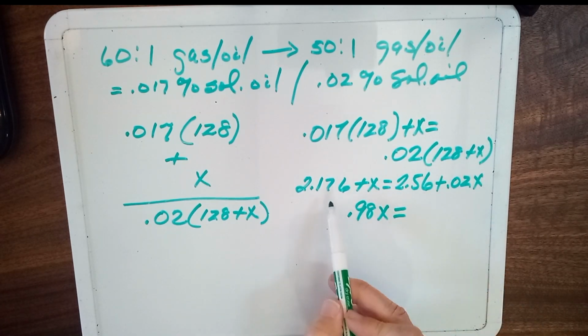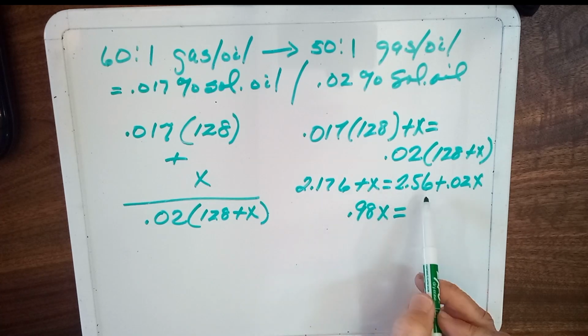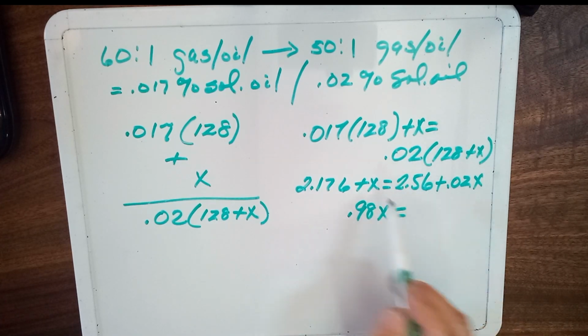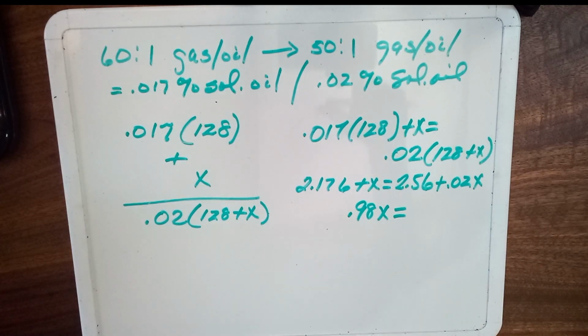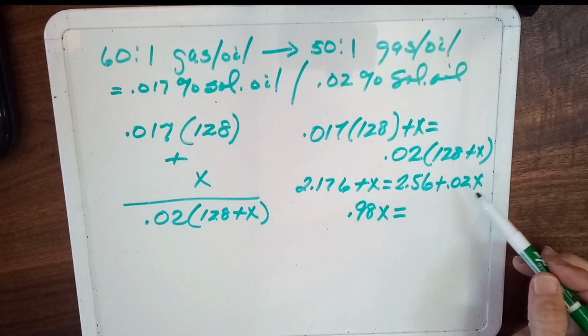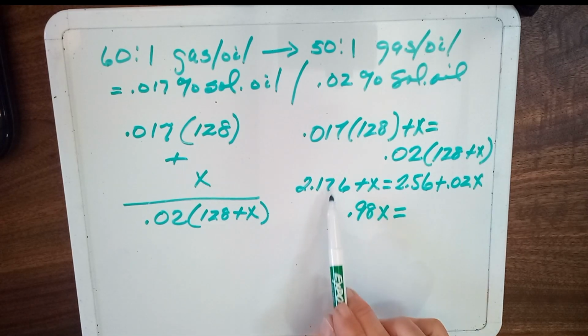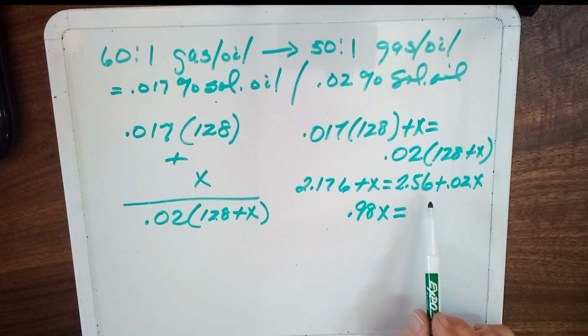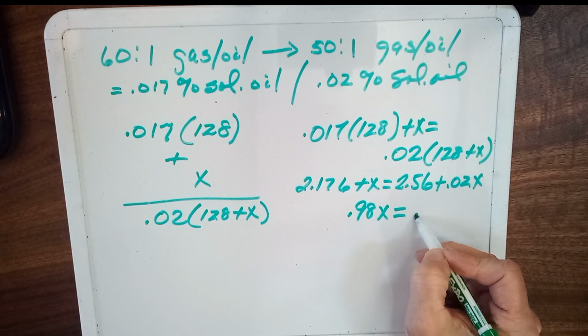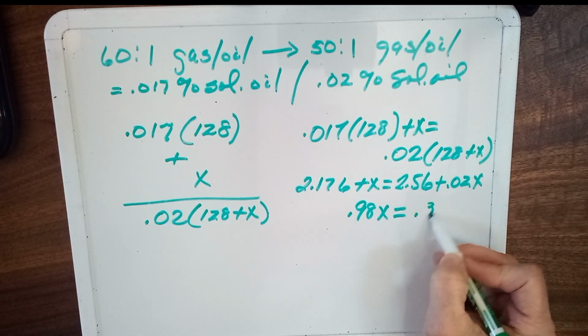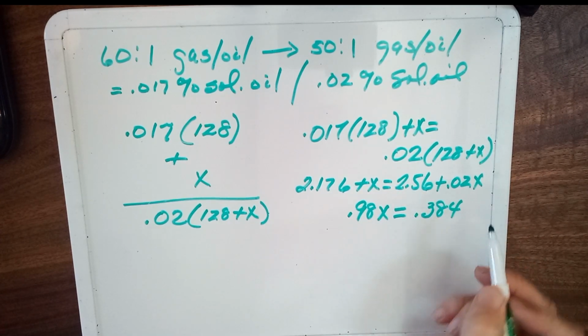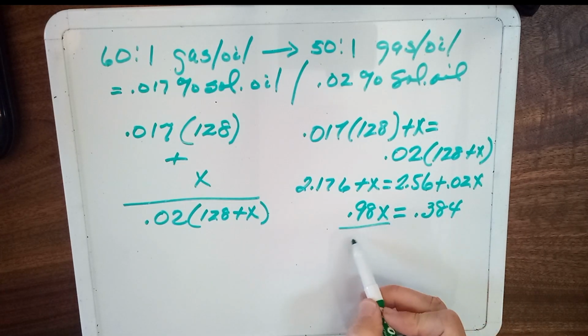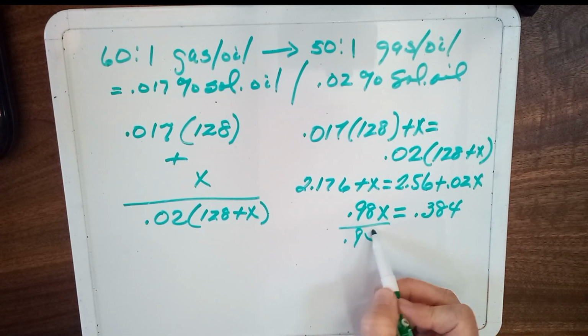Since I moved the X this way, I'm going to subtract 2.176 from 2.56, and I get 0.384. Now all I need to do is divide both sides by 0.98X.